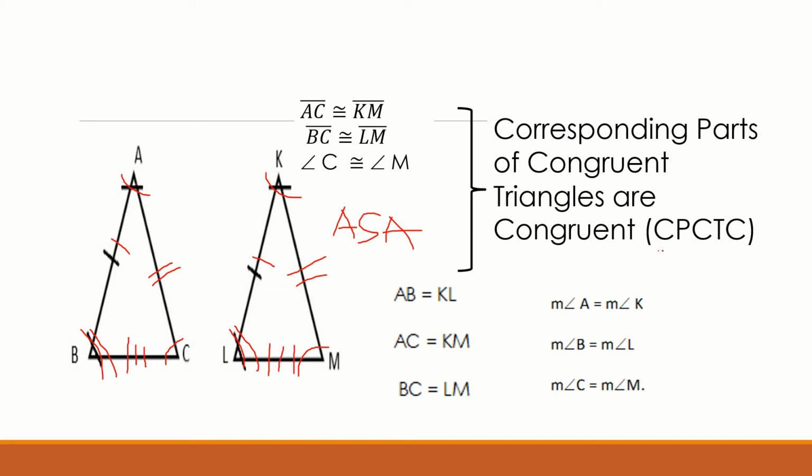According to CPCTC, corresponding parts of congruent triangles are congruent. Since triangle ABC is congruent to triangle KLM, the remaining three corresponding parts are also congruent.